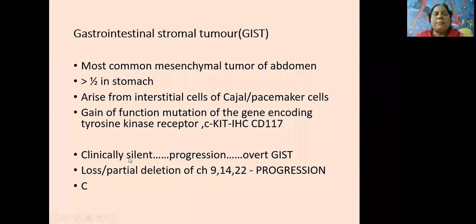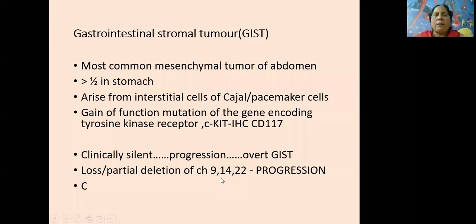This tumor can be silent, of small microscopic size, or it can progress and become overt GIST and cause obstructive symptoms. How does this progression occur? It is due to loss or partial deletion involving chromosomes 9, 14, and 22.